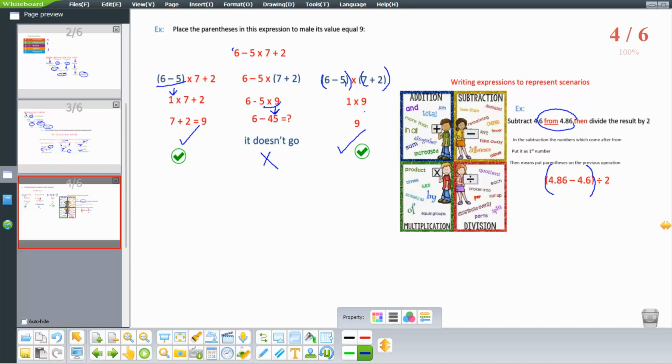So if we must find the result first, we must put the operation between the parentheses, then divide the result by 2. This is the form of this expression. Did you get the idea?